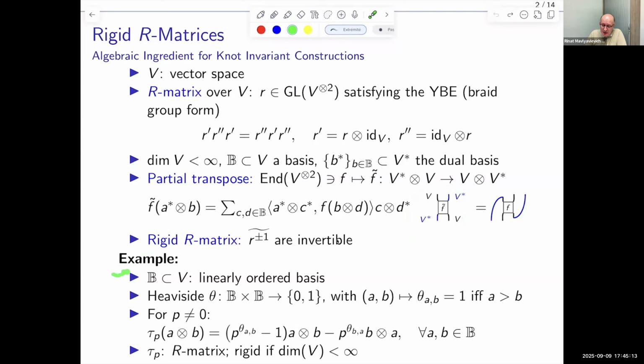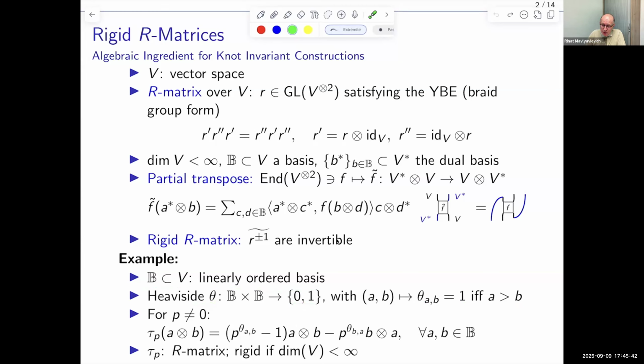To be concrete, here is an example of an R-matrix. We have a vector space with a linearly ordered basis. Let theta be the Heaviside symbol taking value 0 or 1, and the value 1 if and only if the first argument is strictly greater than the second argument.